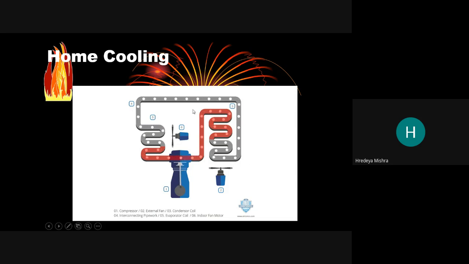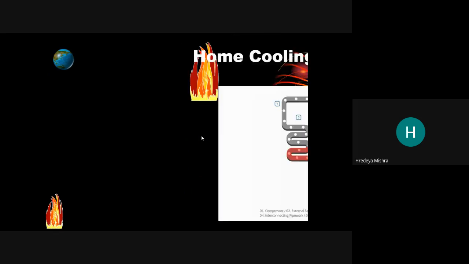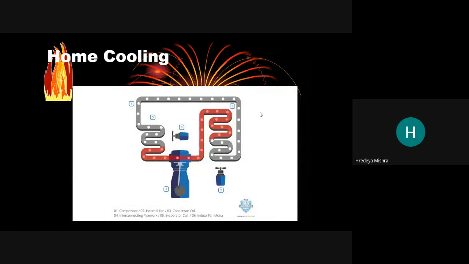One, two, three, four, five, there are the numbers. First is our compressor. Second is our external fan. This is our external fan here. Third is the condenser. This is our condenser.